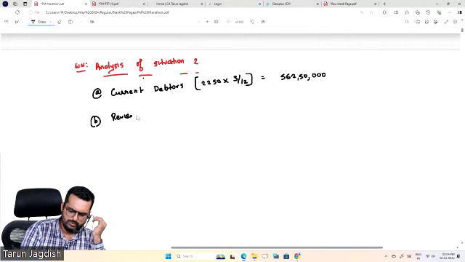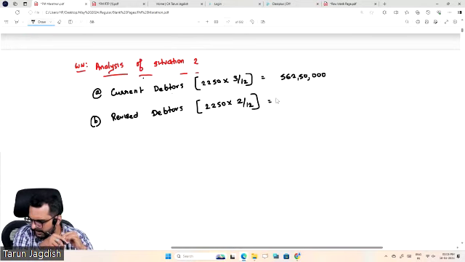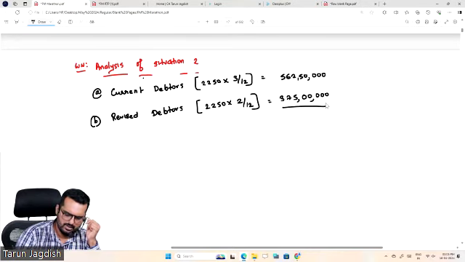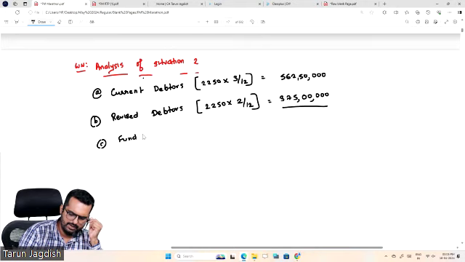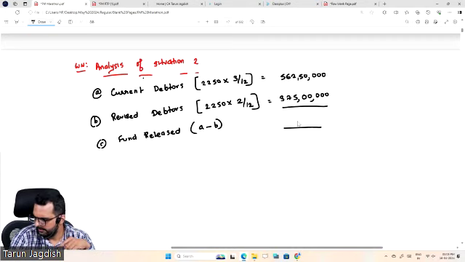Now tell me what is going to be your revised debtors? 2,250 into 2 by 12, which is 375 lakhs. So now tell me how much is the fund released? That will be A minus B: 187.5.